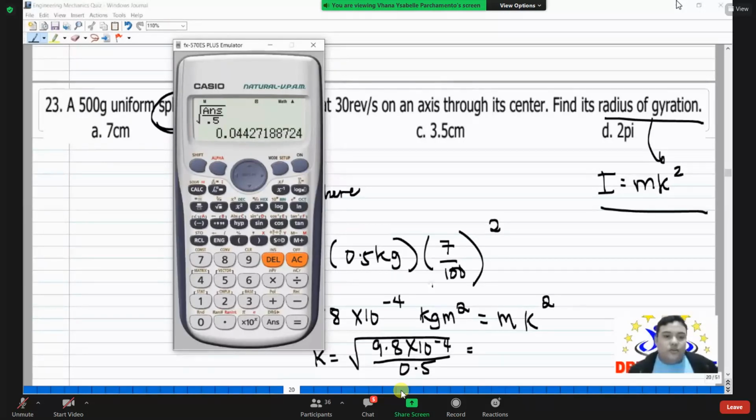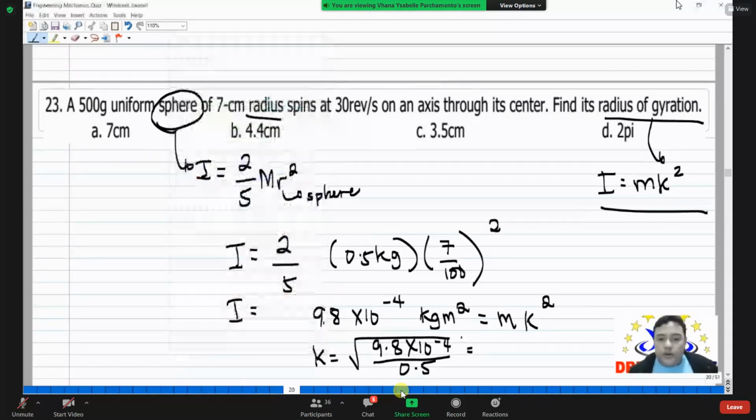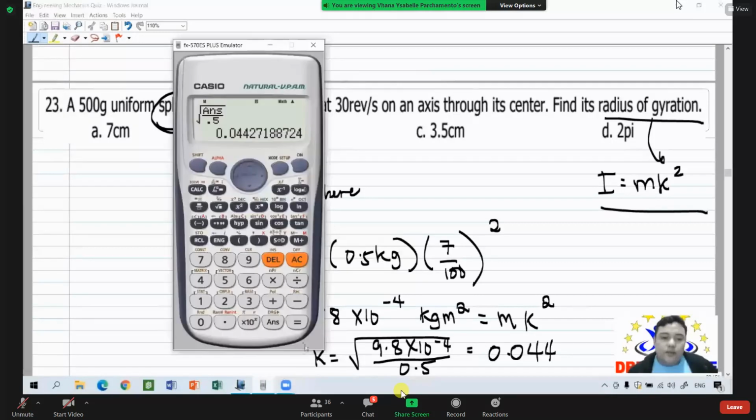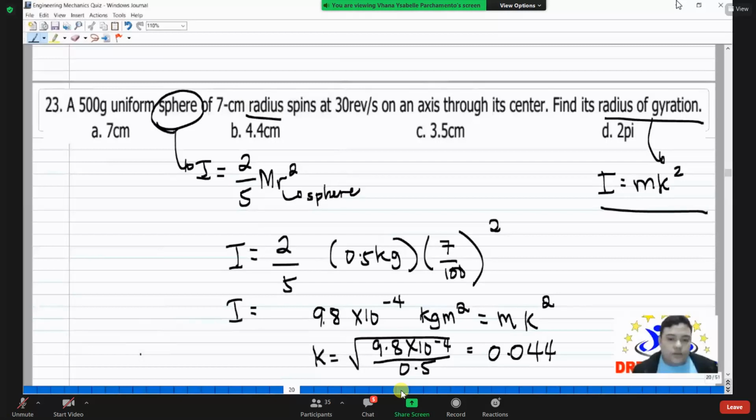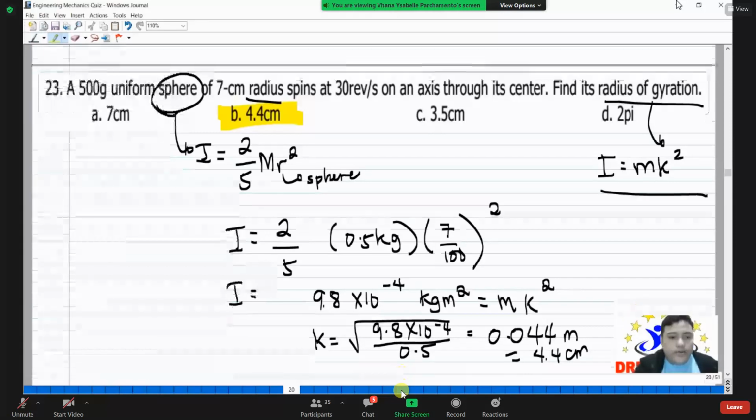So this is in meters. So 0.044. So times natin ng 100 para maging centimeter. 4.4 centimeters. Letter B. Okay. Number 24.